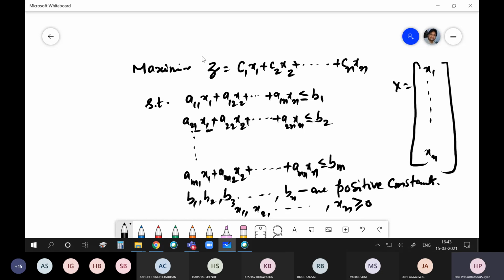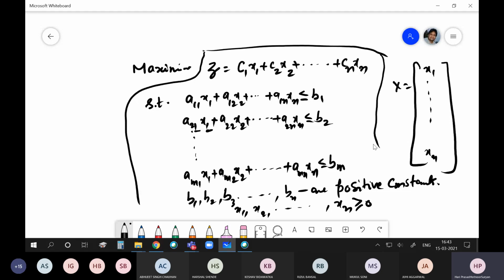This is the standard form of a linear programming problem, where you have an objective function c1 x1 plus c2 x2 plus cn xn, subject to how many constraints? How many constraints are there? M. There are m constraints, and there are n decision variables.